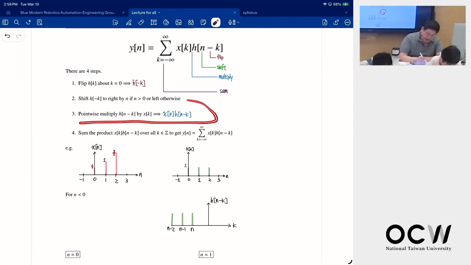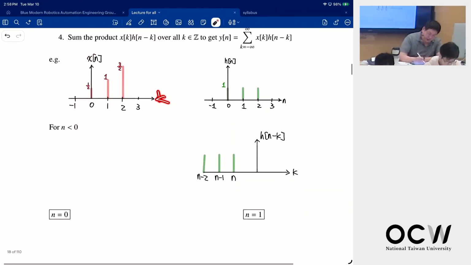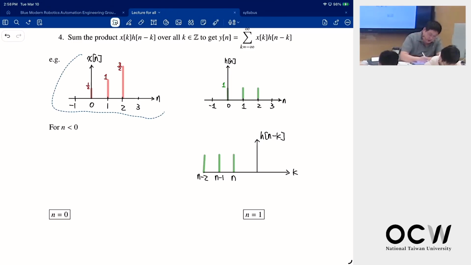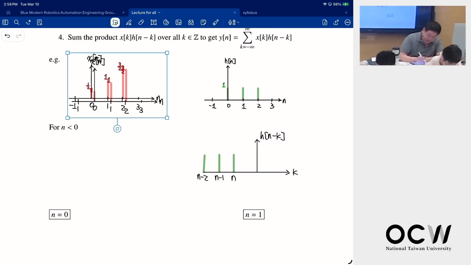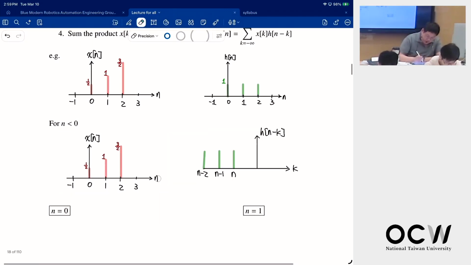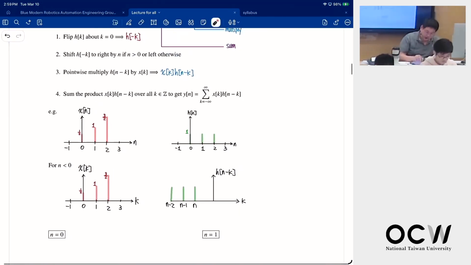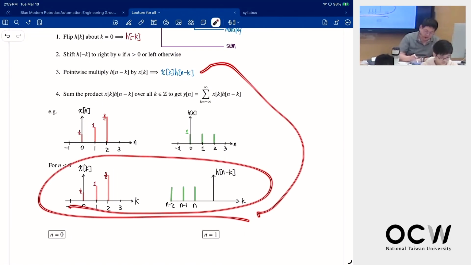Next we need to do the pointwise multiply by x of k. So we need to redraw this in k rather than n. Actually I can just copy, and now I need to change this to k. So when I do the multiplication, what is the output? The product is 0, right?